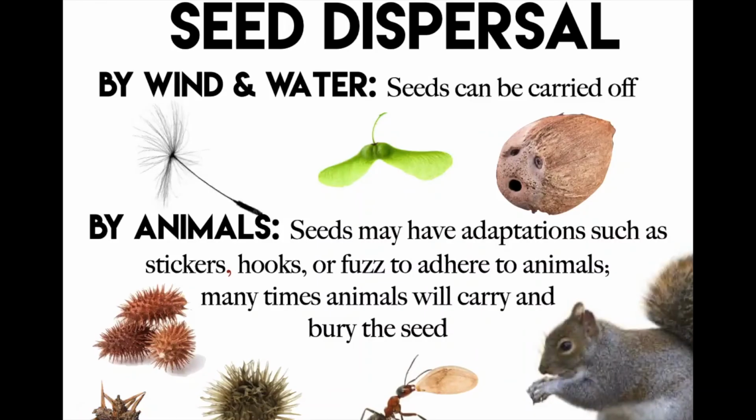Now we're going to focus on seed dispersal. Seed dispersal basically just talks about how seeds are going to be dispersed or moving from point A to point B, maybe from the fruit to a different area.